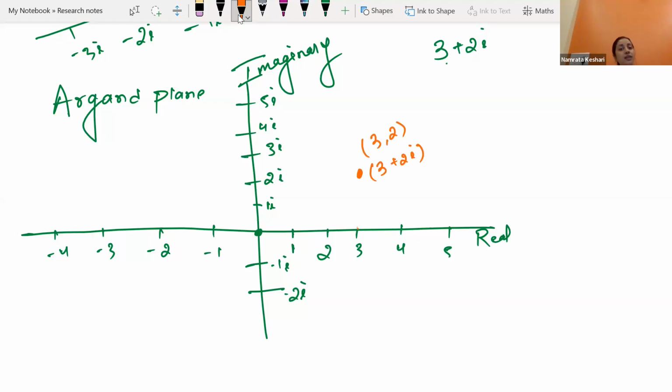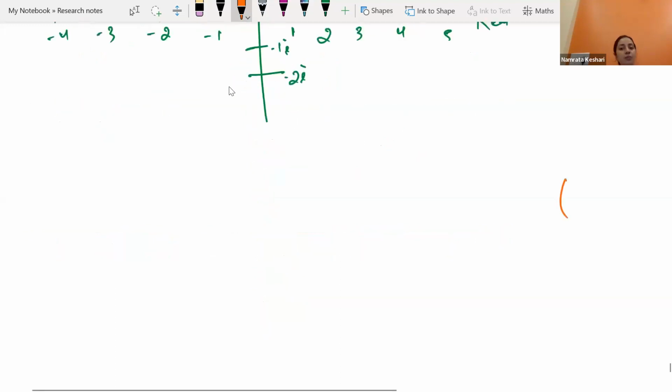Whenever a complex number is given to you in coordinate form, like 5 comma 7, you should understand 5 is the real part and 7i is the imaginary part. This is how we can represent a complex number.